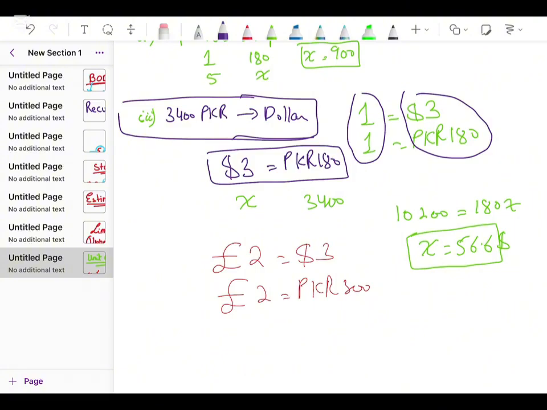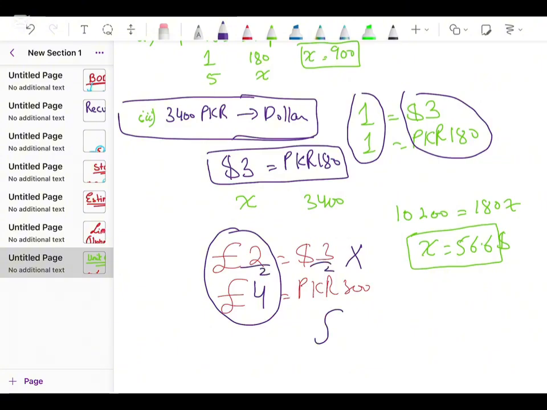For example, if the question is like this and we need to solve this third part. In the previous case, the left side was equal, so the right side was equal. But right now both are the same, so I have to change the value. So I will put here 4, for example. Okay, now you can see that the left side is not equal. So when the left side is not equal, the right side is also not equal. So we have to make the left side equal. How can we make it? In the first equation, I will divide by 2.